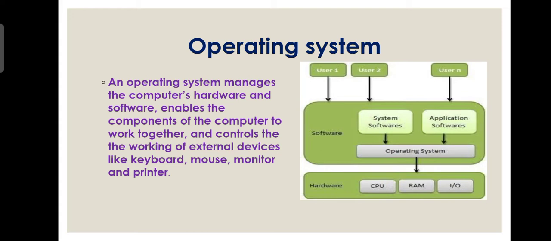It enables the components of the computer to work together, the functions that are taking place, the programs that we are making, and it controls all the external devices. What are external devices? External devices are those outside the computer, that we can see and touch, for example keyboard, mouse, monitor, printer.